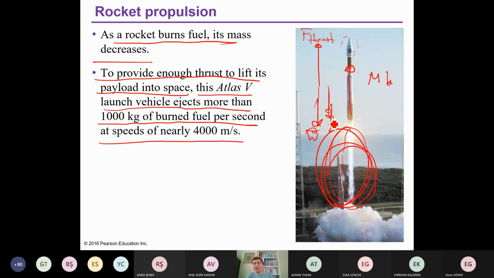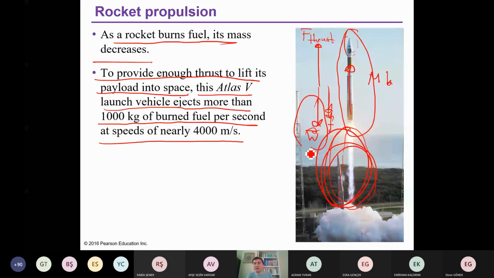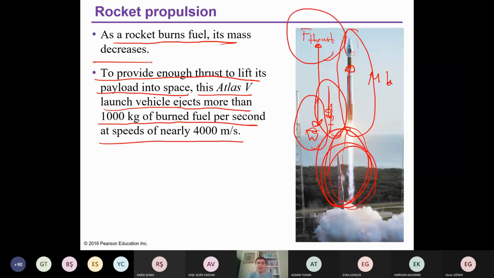But if you are talking about the rocket moving in space, then you can consider there is no gravity, there is no air resistance, okay? We have just this F thrust, okay? For simplicity, we are considering this condition.